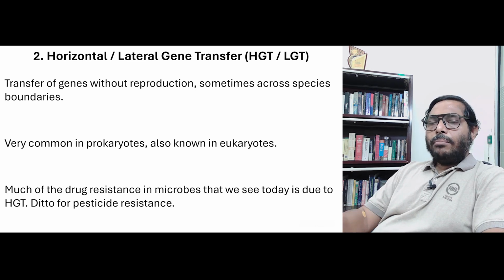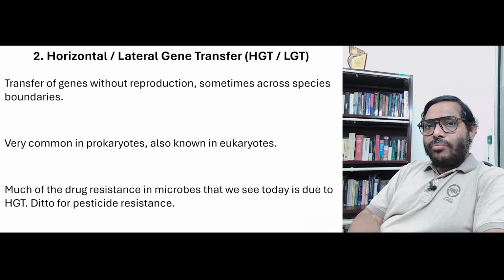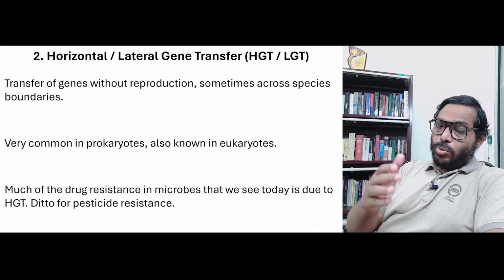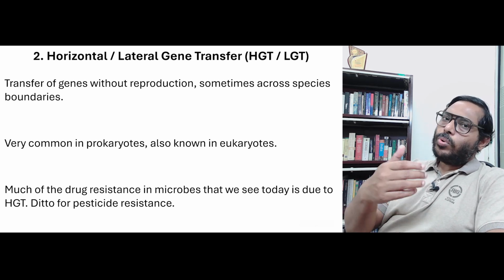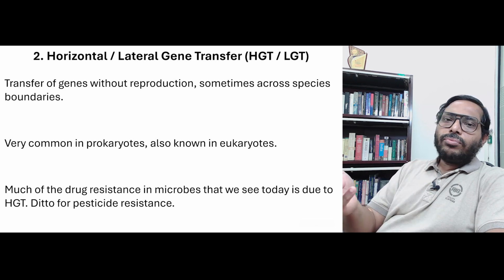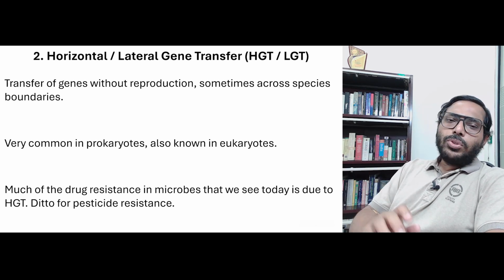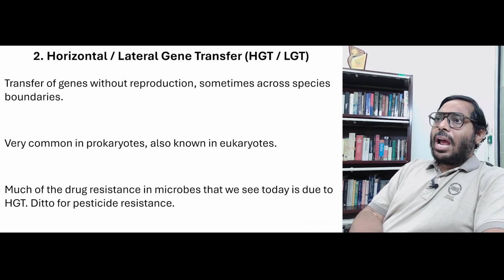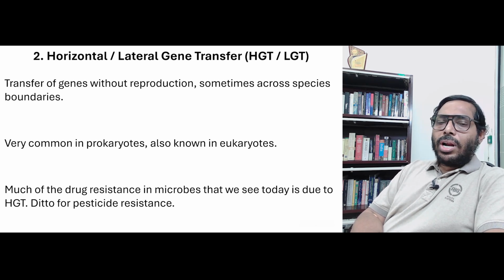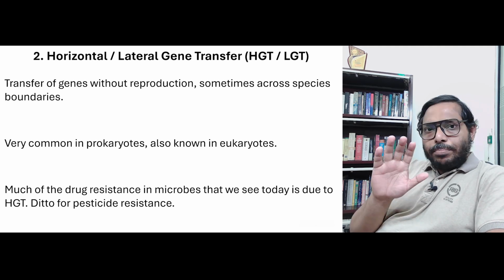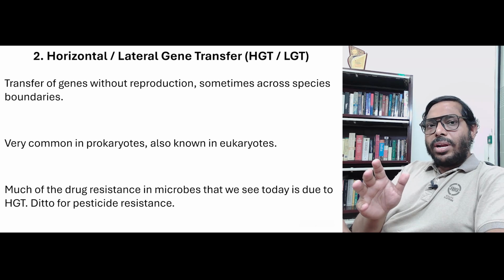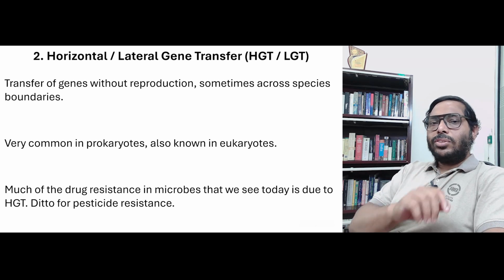For example, much of the drug resistance that we find in microbes today is a huge problem. You go to any hospital, and many of the microbes that come up there are actually multi-drug resistant, and it is thought that we are going to run out of antibiotics to give to our patients very soon, unless something major can be done. A lot of this process is actually happening due to horizontal gene transfer.